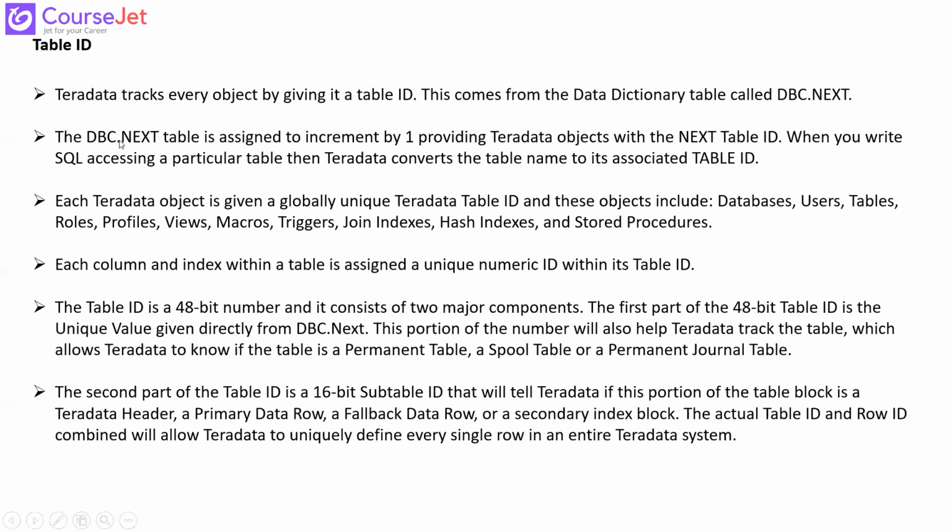The dbc.next table increments by 1 whenever a new object is created. When you write SQL accessing a particular table, Teradata converts the table name to its associated table ID.